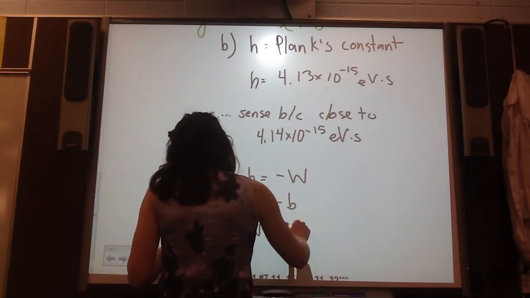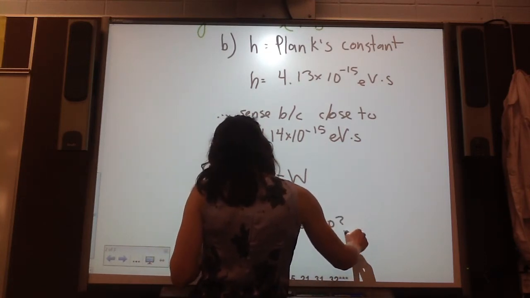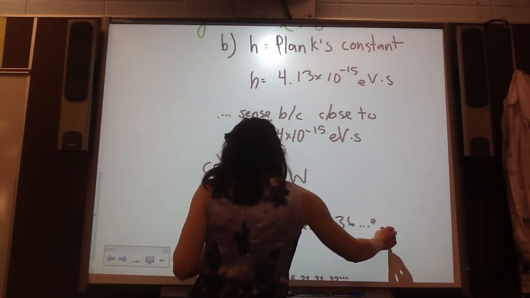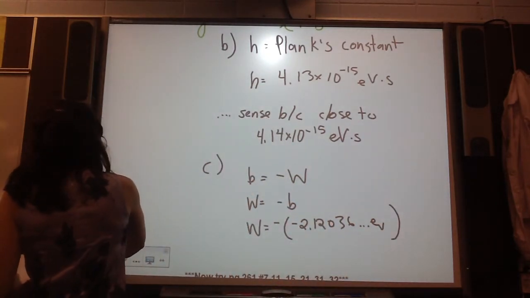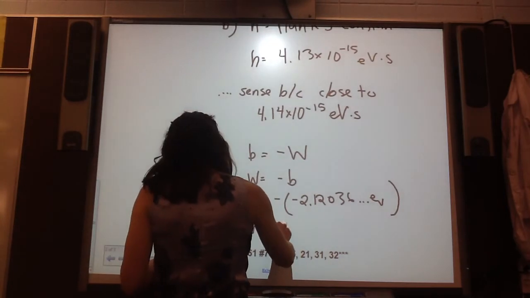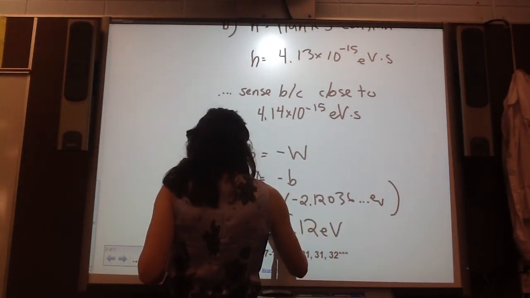My b was negative 2.12036, etc., eV. So then my work function W is 2.12 eV.